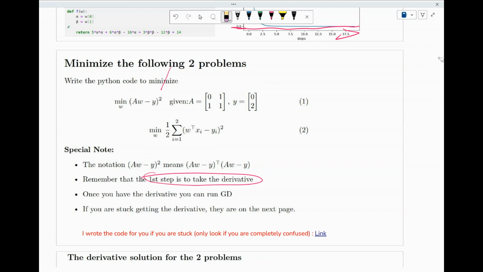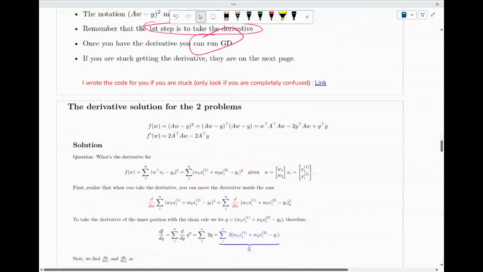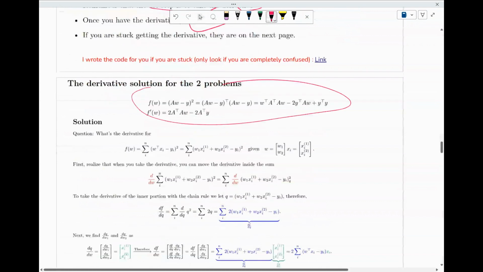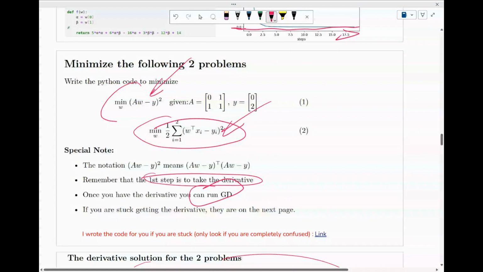So you want to take the derivative of this. And once you have the derivative, then you run gradient descent. And if you got stuck on how to take the derivative, I showed you how to take the derivative here. Okay. And for the second question, I also want you to take the derivative of this. Right. So you want to minimize this and minimize this.